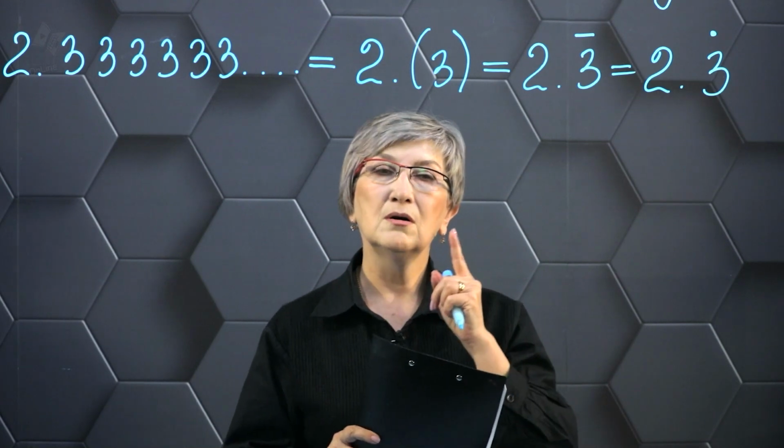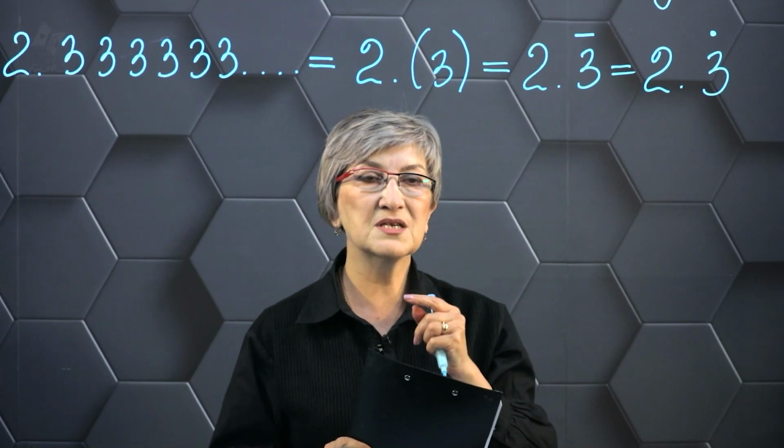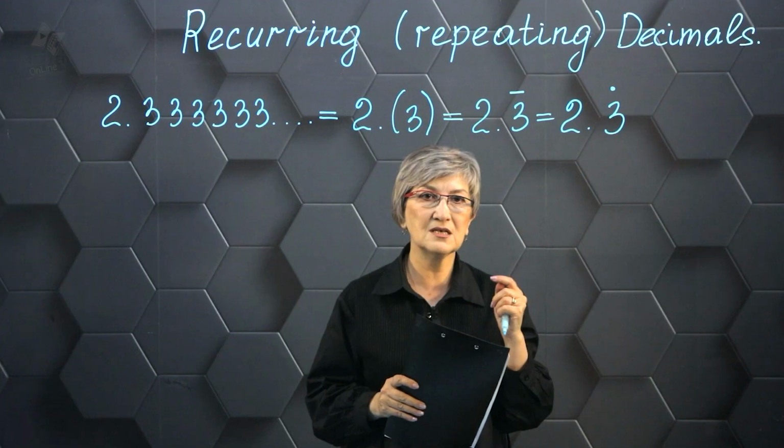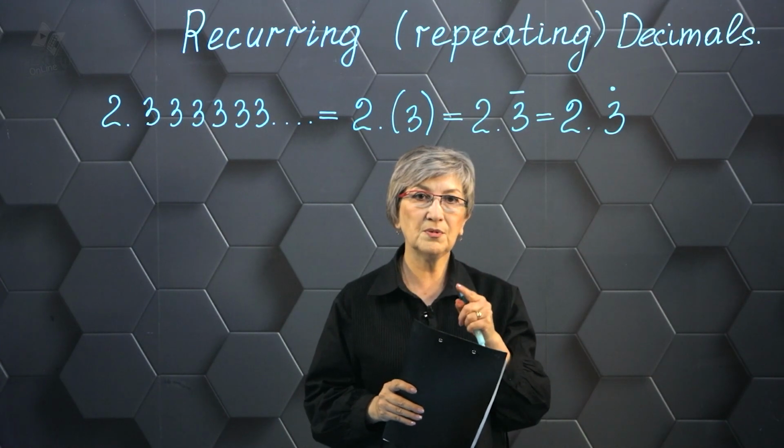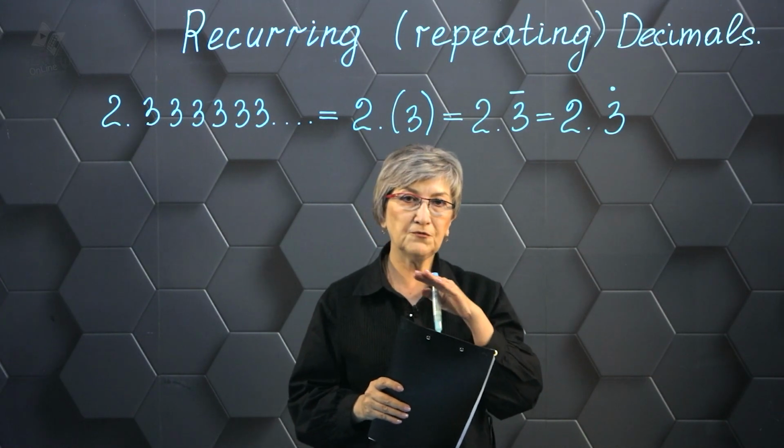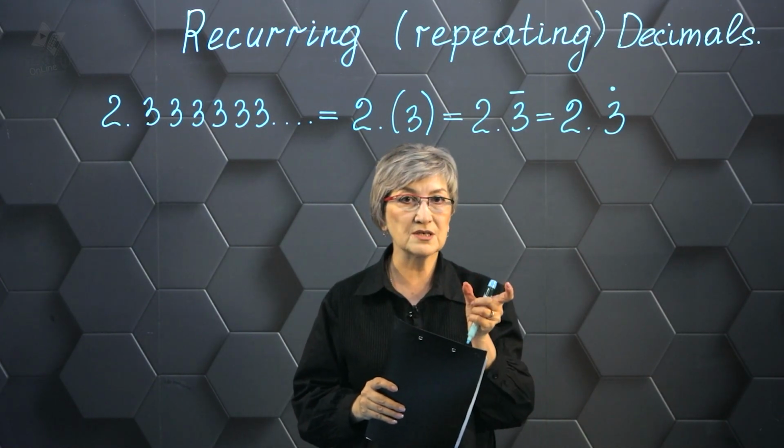The thing is, in math, there are both infinite and non-periodic decimal fractions. These are fractions where a digit is not repeated or a set of digits is not repeated.